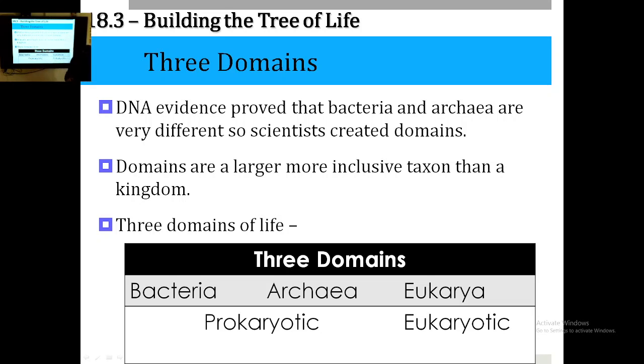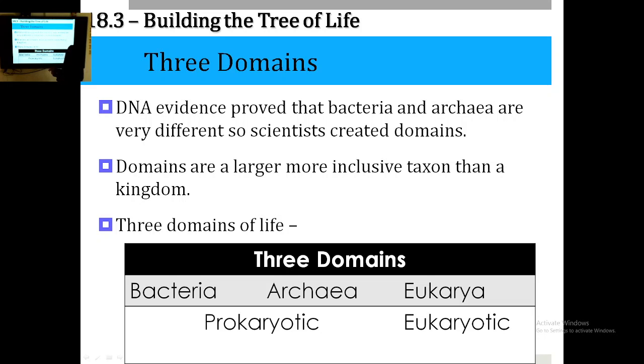After the DNA evidence, they found that the bacteria and archaea are really different. So they found another way to differentiate between the bacteria, archaea, and eukaryotes in general, which is known as the domain. So bacteria is a domain, archaea is a domain, and the eukaryotes in general are a domain.